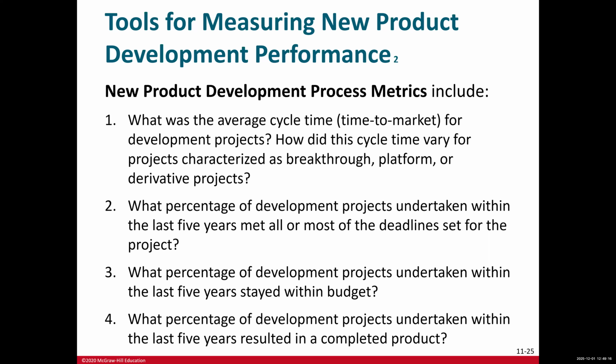What percentage of the development projects undertaken within the last 5 years met all or most of the deadlines? It helps us build a dashboard to make decisions based on how projects are working, operating, and advancing, and make sure which project is on track, which project needs more attention and more resources, or which project to kill, right?